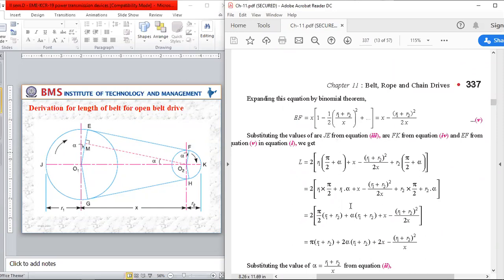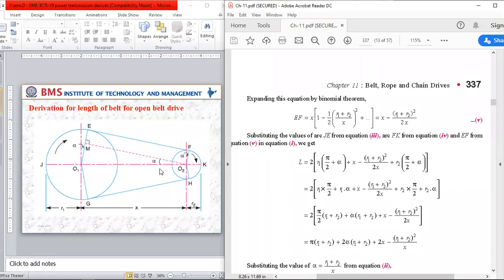So while coming to the end, you are going to get the expression in terms of alpha. This alpha is replaced by calculating the sin alpha value from the right angle triangle O1O2M.